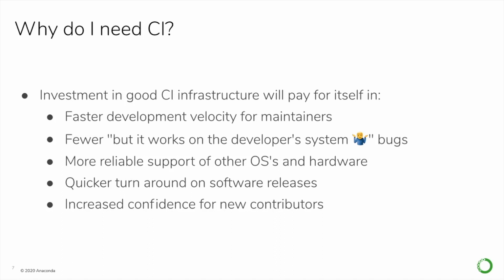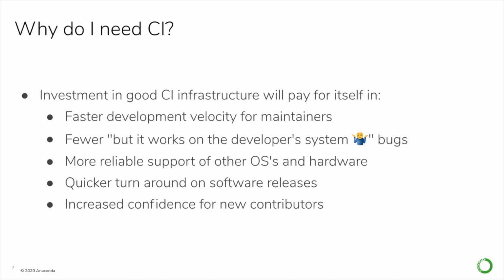It also eliminates a whole class of bugs, which I would describe as "works on my system" kind of bugs, where people forget to add a dependency or forget to check in a file. And if you are only running the tests on your own local development machine, it's very easy for those sorts of local state to creep in and accidentally make it look like things are working when they're in fact not.